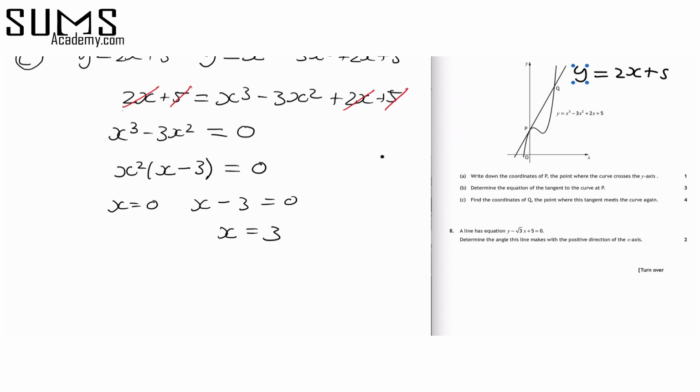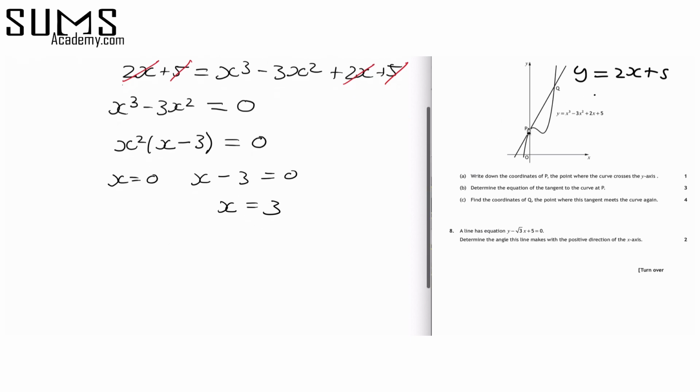So now we can substitute this x equals 3 back into this expression here, and we'll be able to get this point Q. So now that we have this x point, this is saying this point here is 3. You can put it into either equation, it would work, but we'll put it into this equation because it's a bit simpler.